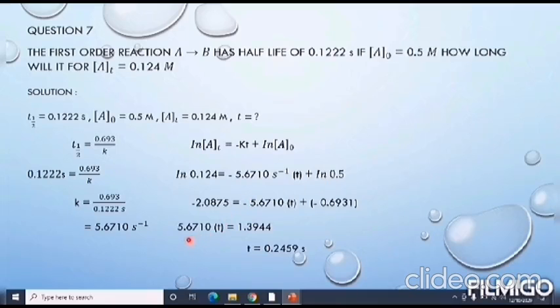After that, we get 5.671 T equals 1.3944, and then we got the value of T. The value of T is 0.2459 seconds.